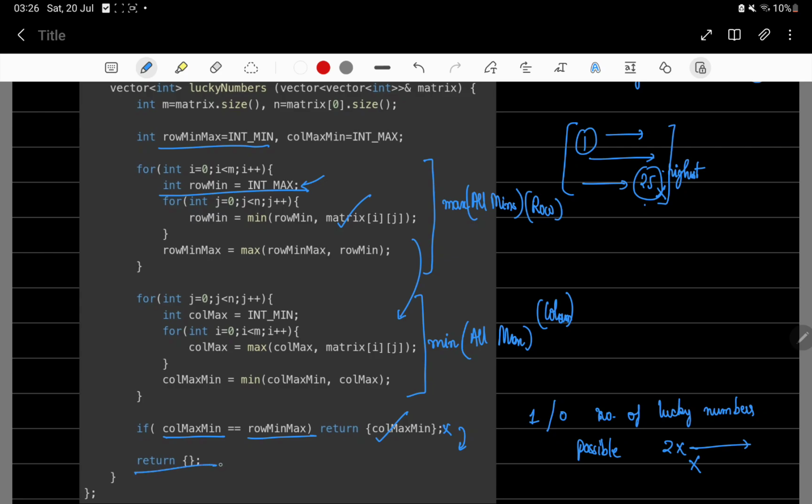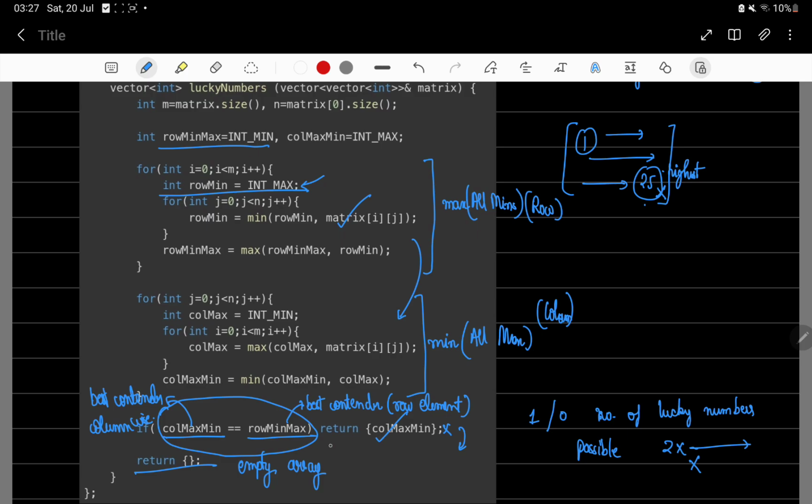So hence we are returning an empty array if there was no lucky number found. The lucky number finding criteria was: this is the best contender from all the row-element-wise traversal, and this was the best contender for the column-wise traversal.